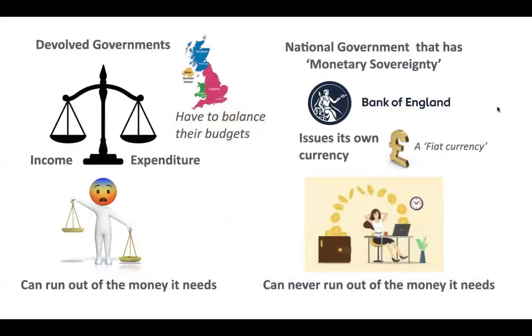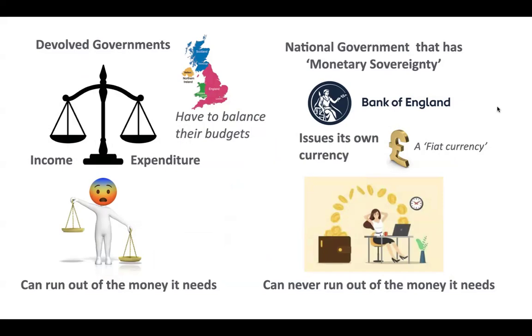Now, the devolved governments in the United Kingdom, that is the governments in Scotland, Wales and Northern Ireland, have a degree of autonomy, and they have what are called devolved matters that they can have a certain amount of control over. Nevertheless, all of these nations have to balance their budgets. In the same way, I believe that in the United States, the states receive money from the federal government and then they have to balance.